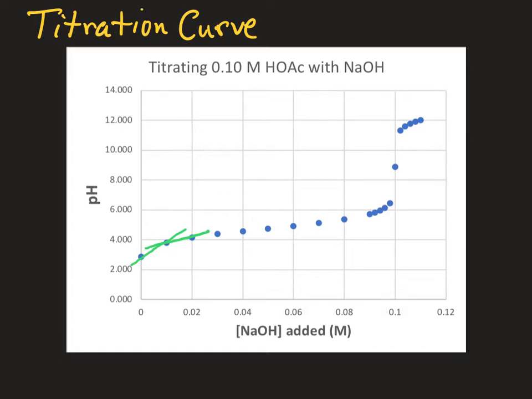But if we go over here, there our slope is increasing. So we go from an area of decreasing slope to an area of increasing slope.